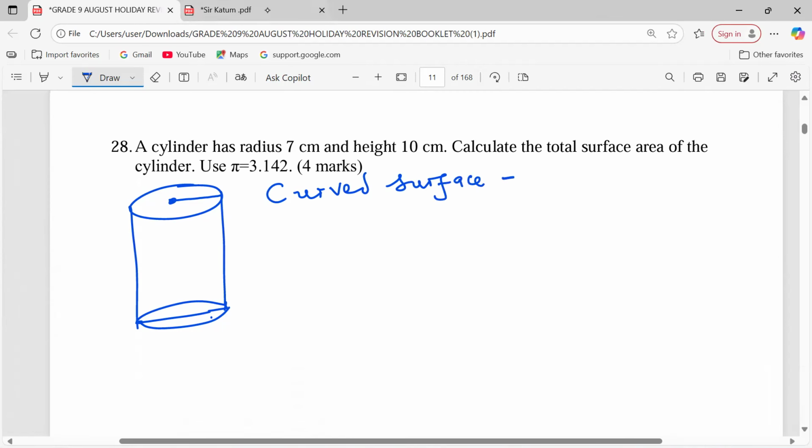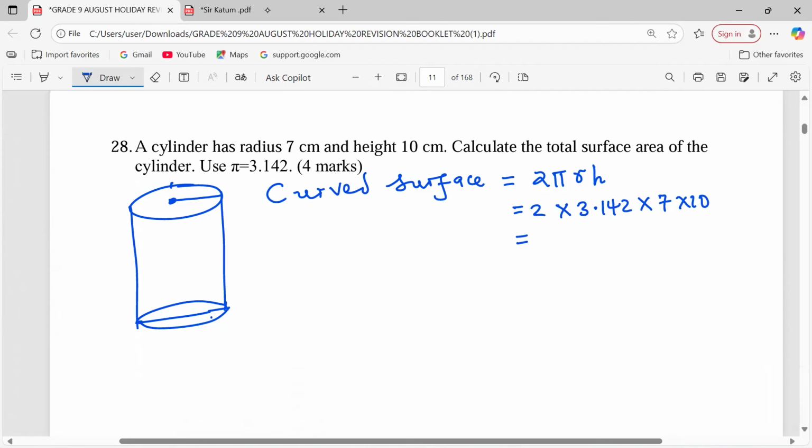The curved surface is given by the perimeter, which is 2 pi r, then times h. So we need 2 times pi, 3.142, according to the instructions. That is the pi you should use. A radius of 7 and a height of 10.